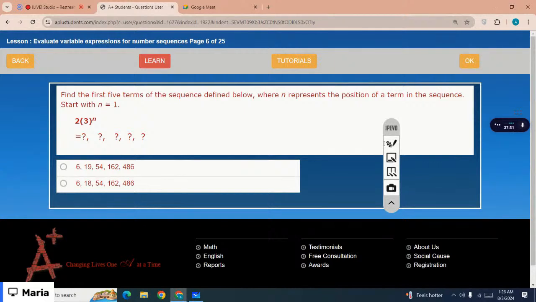Find the first 5 terms in the sequence defined below where n represents the position of a term in the sequence. Start with n equals 1.